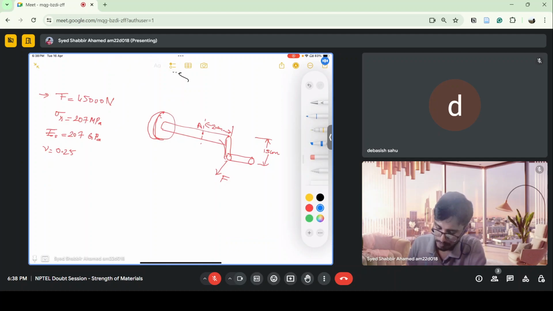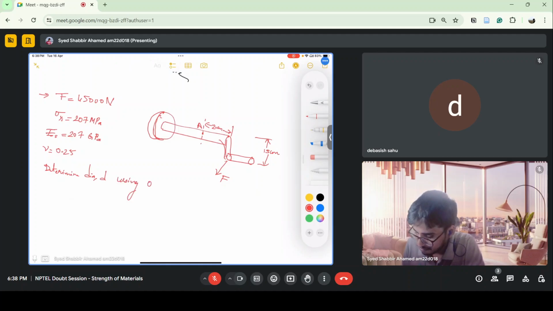Okay, so first we have to determine the diameter using octahedral stress theory. Octahedral is also, you can say, the maximum normal stress theory.